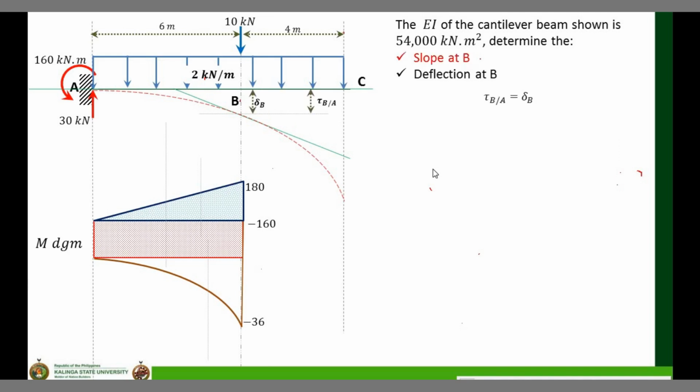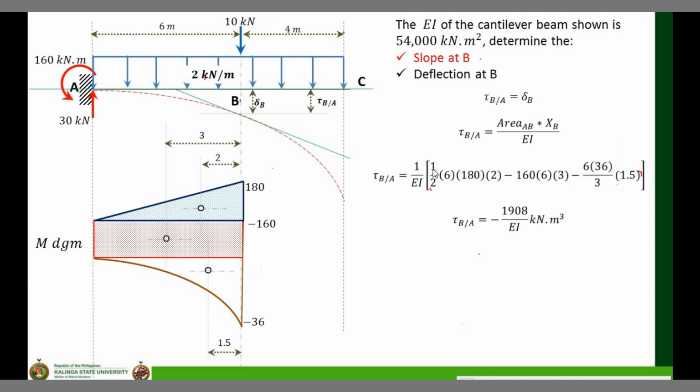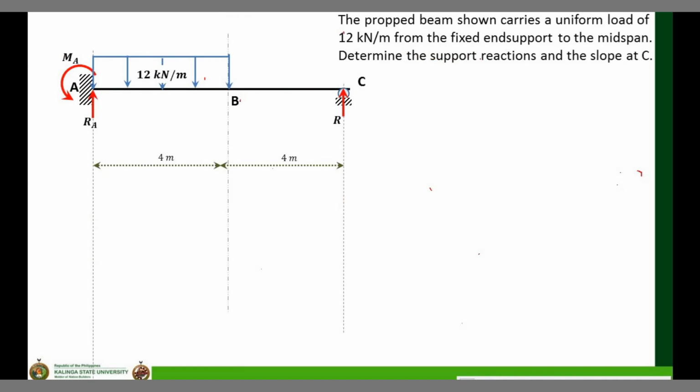We solved the slope at B and the deflection at B. Now, here in theory 1, the moment area method is not only for beam deflections. We can also use the moment area method in determining reactions, especially for indeterminate structures.